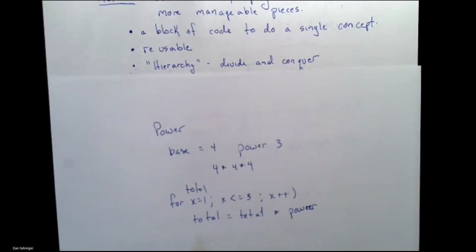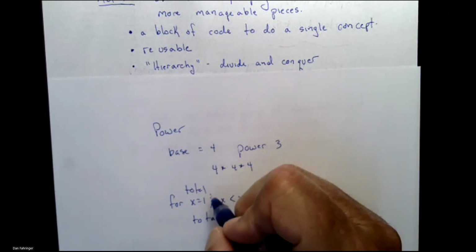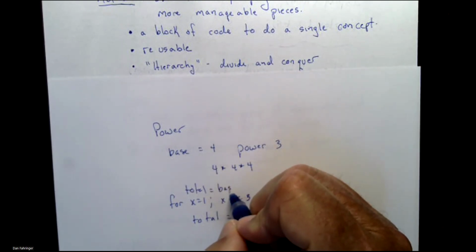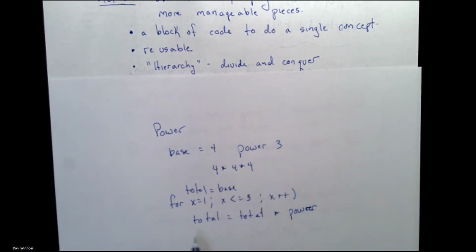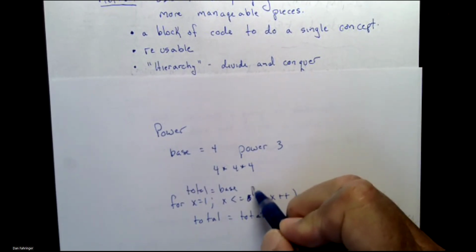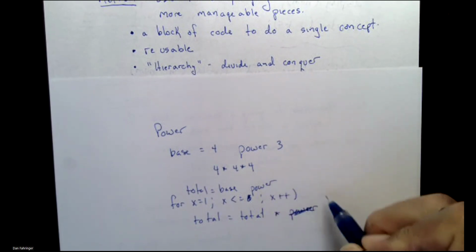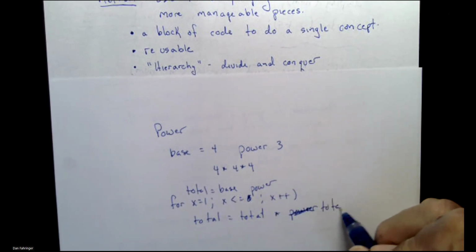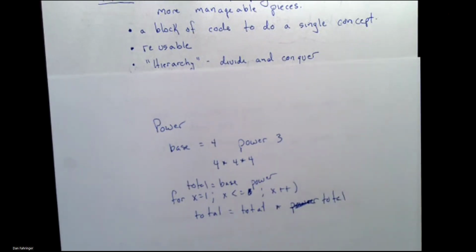So you're getting all this code inside of here that I don't need to see. Total equals base to start. And every time I come in here, total equals total times base, actually, this isn't 3, this is power. So you got all this code going on, Cameron. You just go write it for me. No, don't seriously go write. But all of a sudden you're doing this, and then I say, okay.